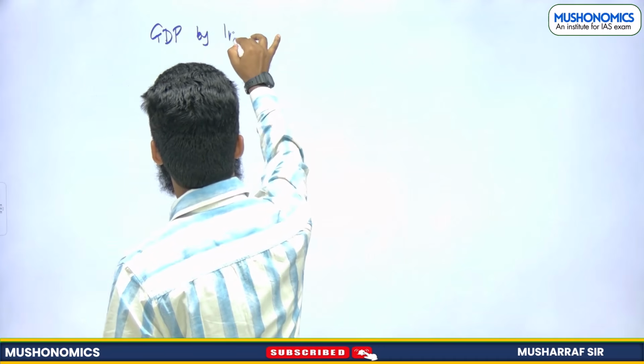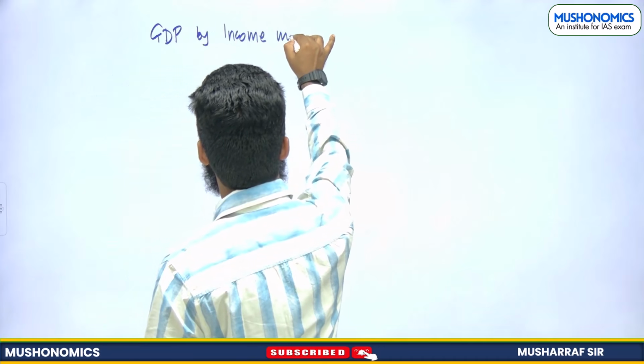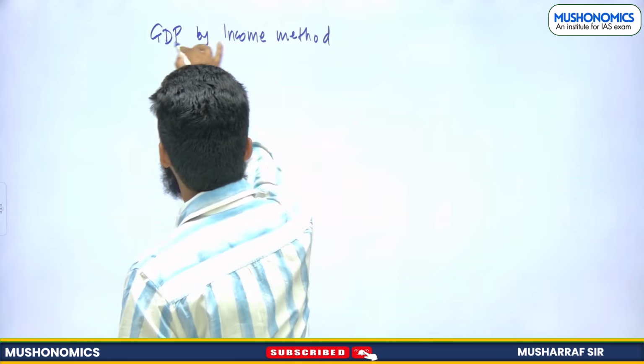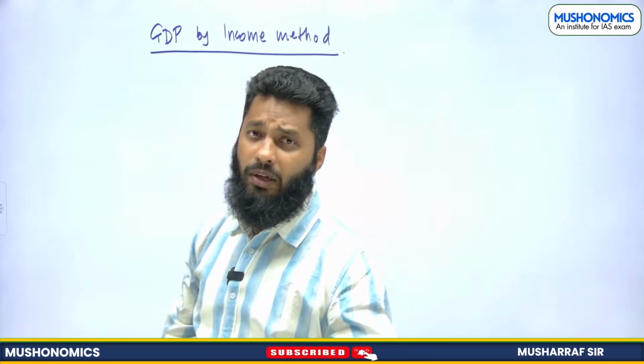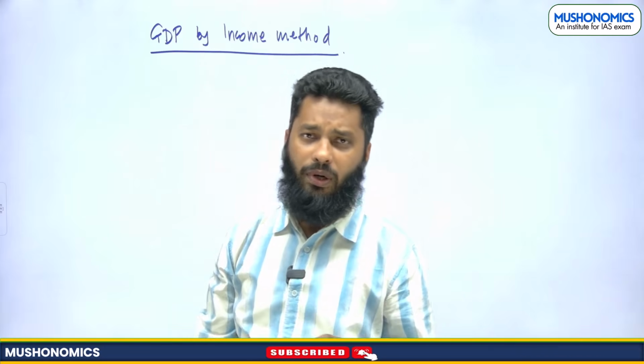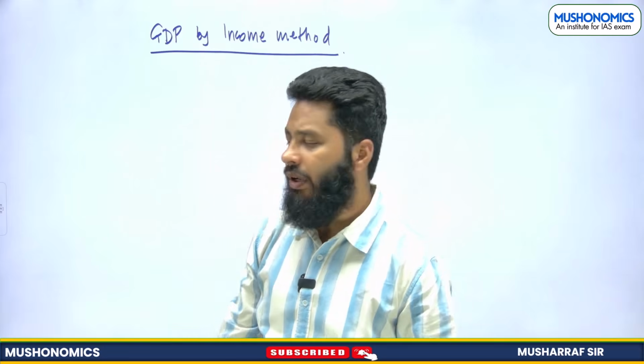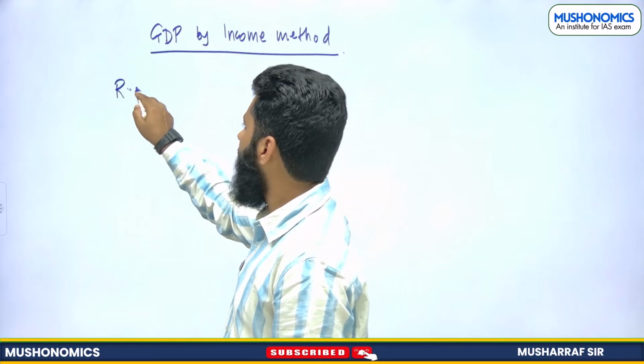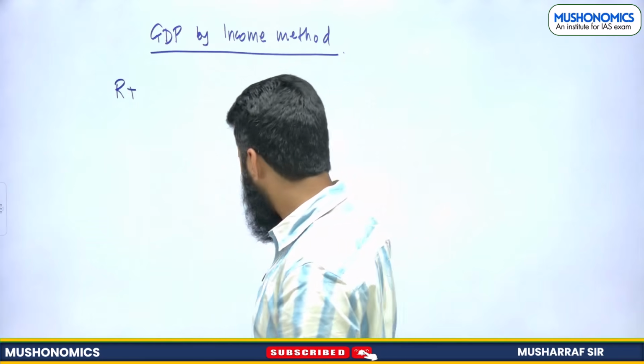Now, when we calculate GDP by the income method, how do we calculate this? I hope you can recall we discussed operating surplus, etc. On factors of production, we get income. For example, we get rent, we get wages or salary. So how do we classify them?